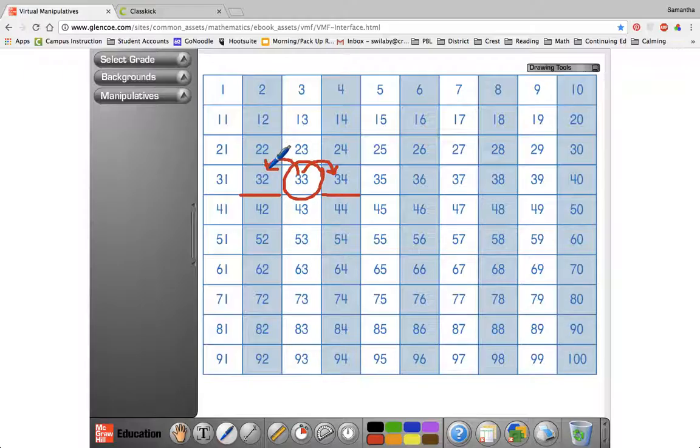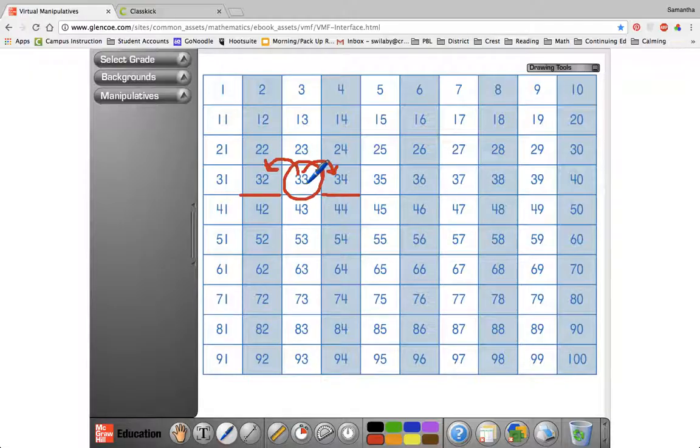Where it gets a little bit trickier is when I want to know what's 10 more than a number. So if I think about this, the way that the hundreds chart is set up is that as I go down the rows, the numbers get larger by 10.